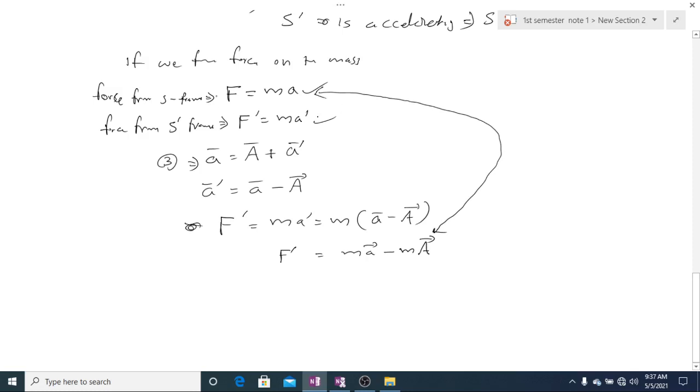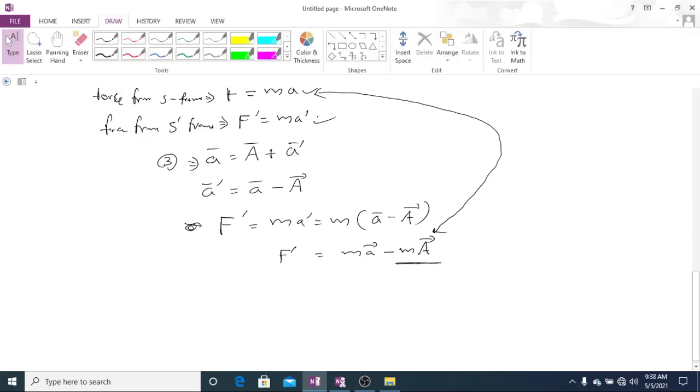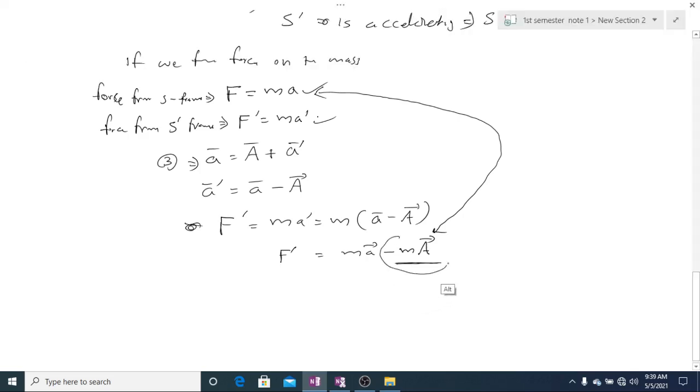The force measured from S coordinate system is F is equal to ma, and from the primed coordinate system it is ma minus mA, an additional term. So we can conclude that force measured from two coordinate systems are different. There is an additional term minus mA that comes due to the acceleration of the second frame.